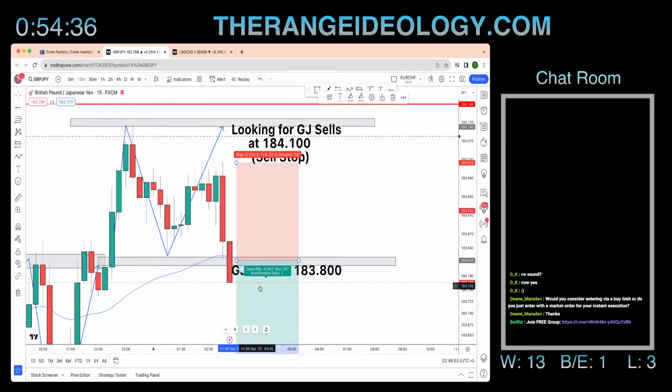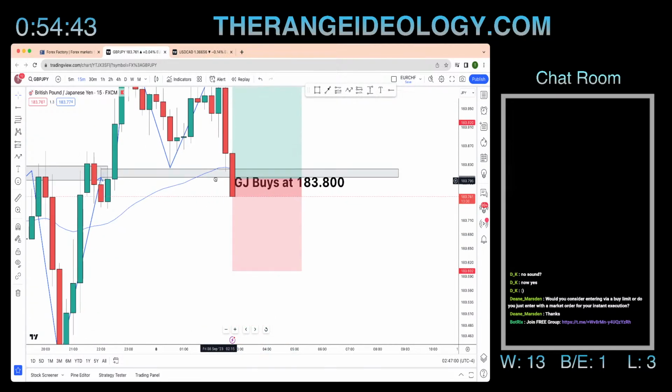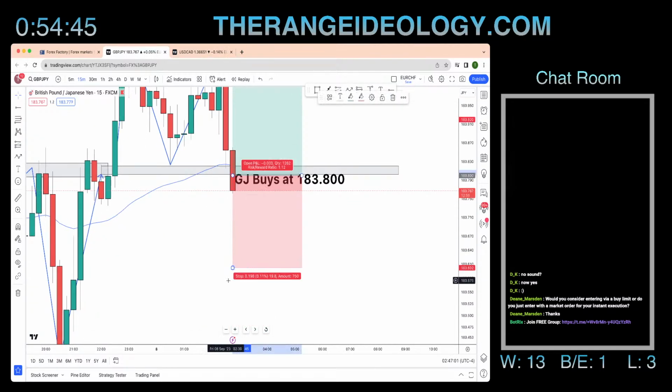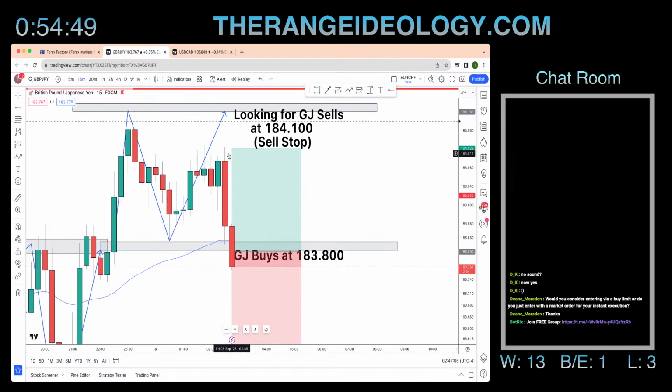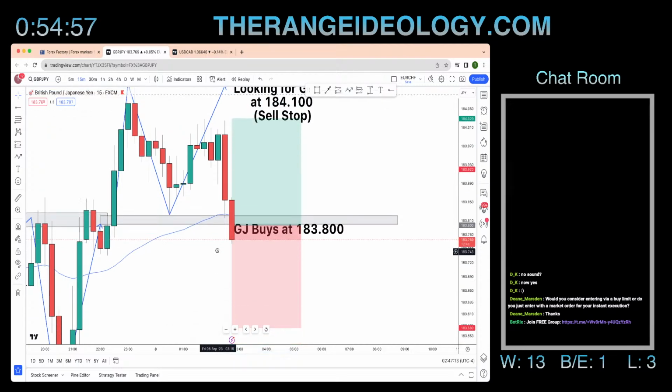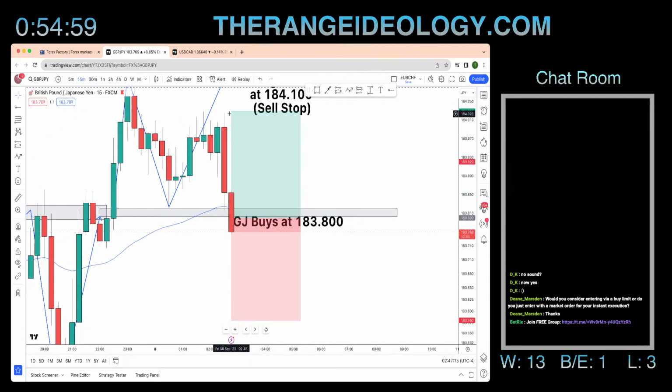Oh, wrong one. Let's go here. Okay. So the top end of this side. So 23 pips. Right to the top.